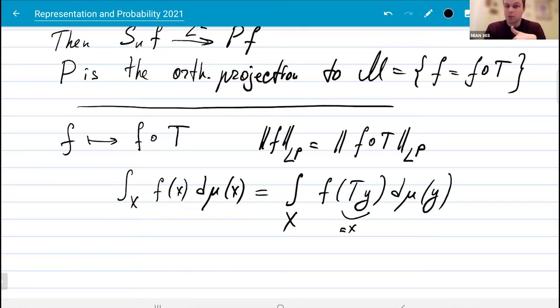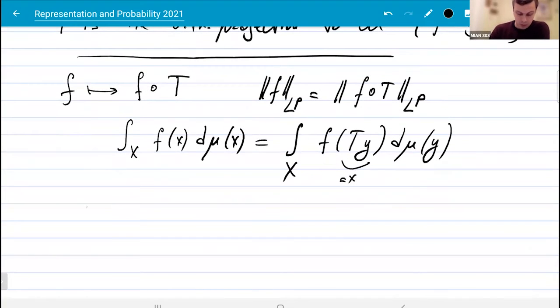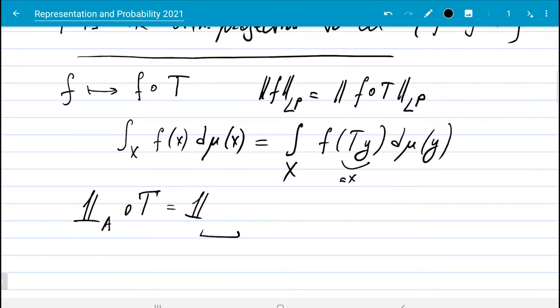If you don't believe it, start, for example, with an indicator function. By the way, what is the indicator function in composition with T? It is again the indicator function of what set? T of A, or T minus 1 of A. Right, T minus 1 of A.